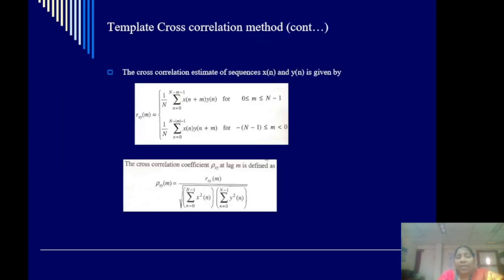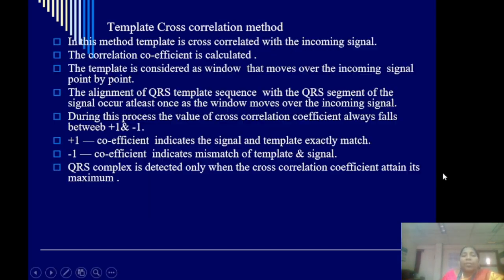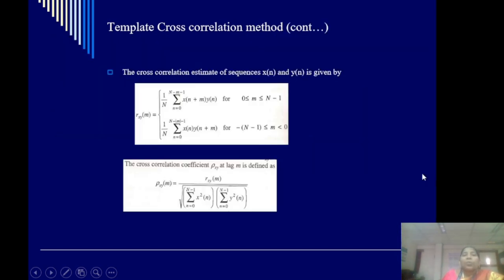So the QRS complex is detected mainly based on the correlation coefficient attained. The cross correlation mathematical expression is denoted by Rxy of m, which is equivalent to 1 by N summation n equal to 0 to N minus m minus 1 of x of n plus m, y of n, for m varying between 0 and N minus 1.